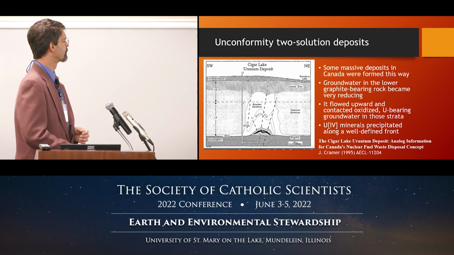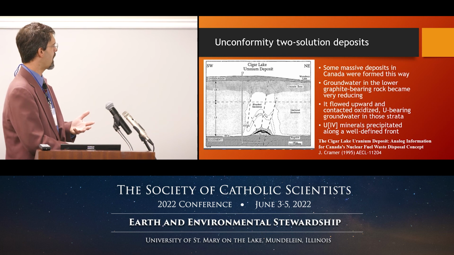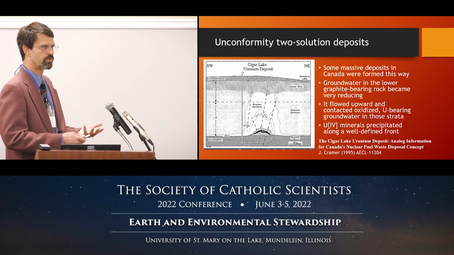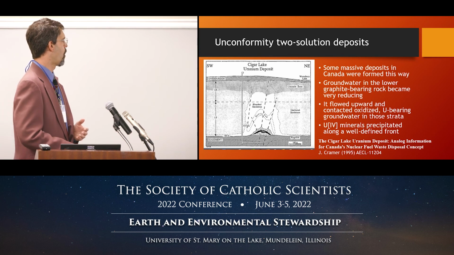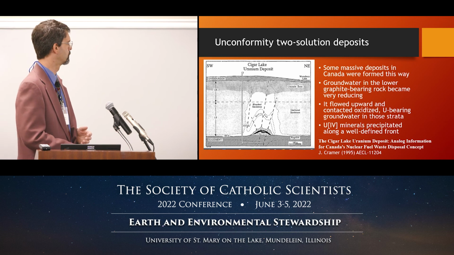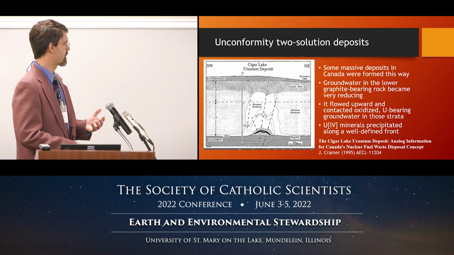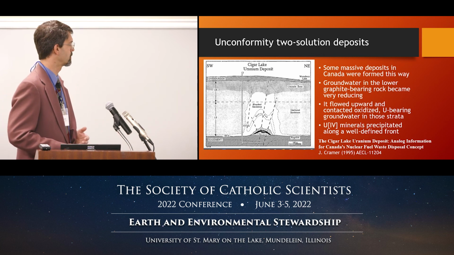So the genesis of this deposit is thought to depend on the fact that it has oxidized rock, Phanerozoic rock, a red bed of some kind, on top of a metamorphic, probably Proterozoic rock basement. This is a metamorphic rock that has graphite in it, which means that it's a reducing environment.